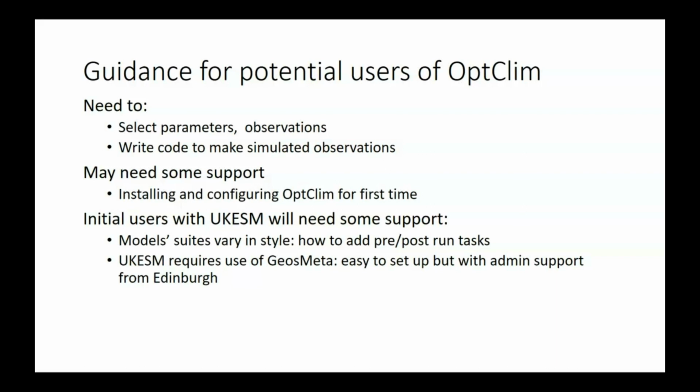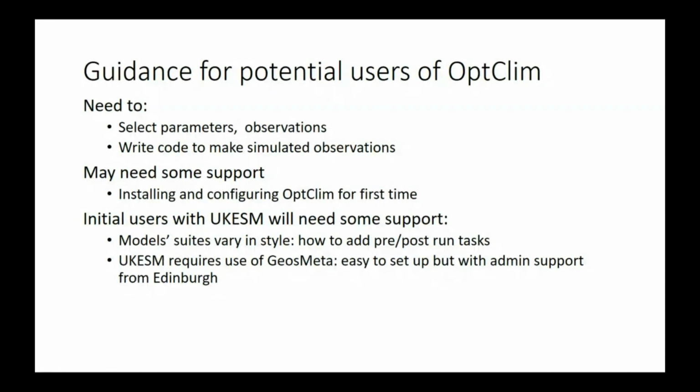We ran with 3 different models, and in each of them we could add the pre-run and post-run tasks, but then we found that the model suites did vary in style, so it's probably not that hard working out how to plug them in, but there's some difference, also perfectly reasonably, in what needs to be copied in order that we reuse pre-built executables, for example.